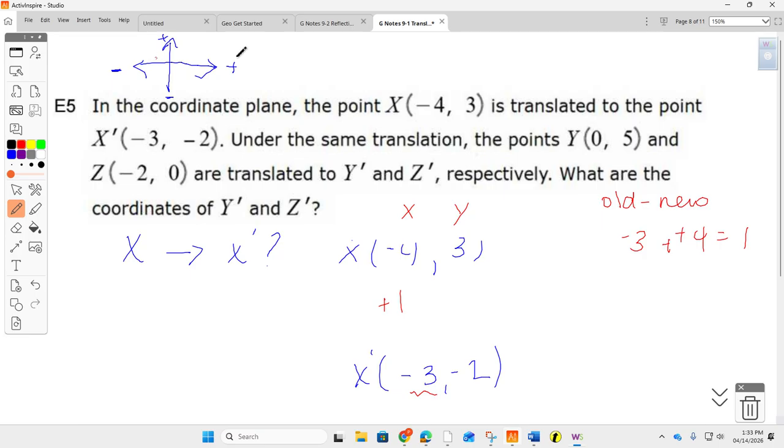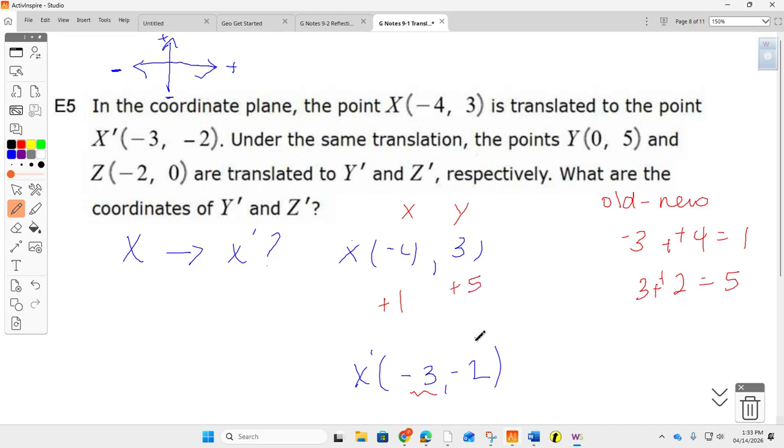You could plot this point on the coordinate plane and just count, Dominic. Just count how far you moved up or down, right? We could plot the point and count, or we can use just subtraction. So here, 3 minus negative 2, that's 5. So, add 5.